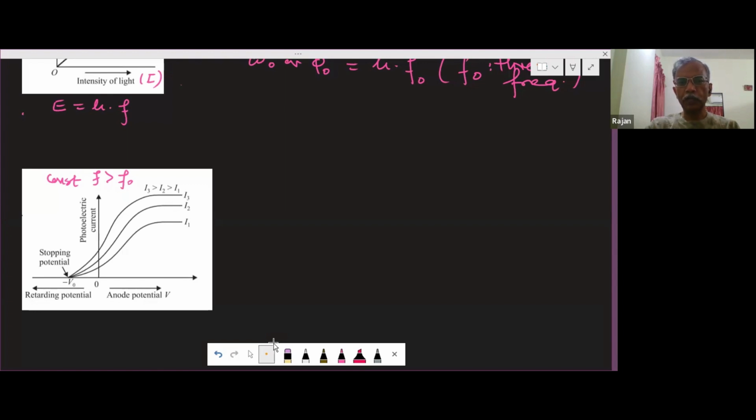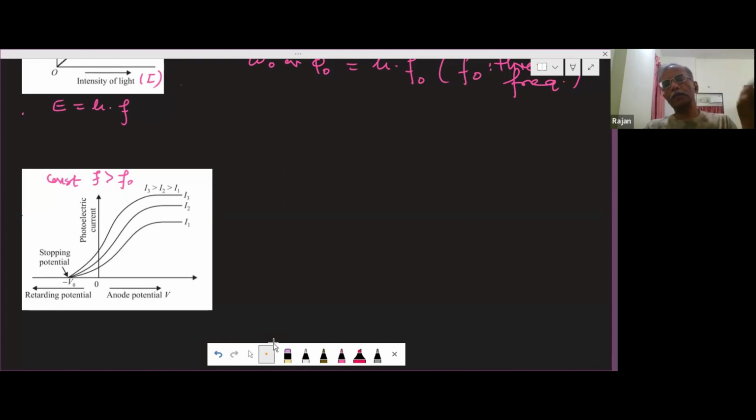Beyond this point, we keep on increasing the anode potential, but once all the photoelectrons released are able to reach the anode, no more are left behind. All are able to reach there. So your photoelectric current will be saturating.